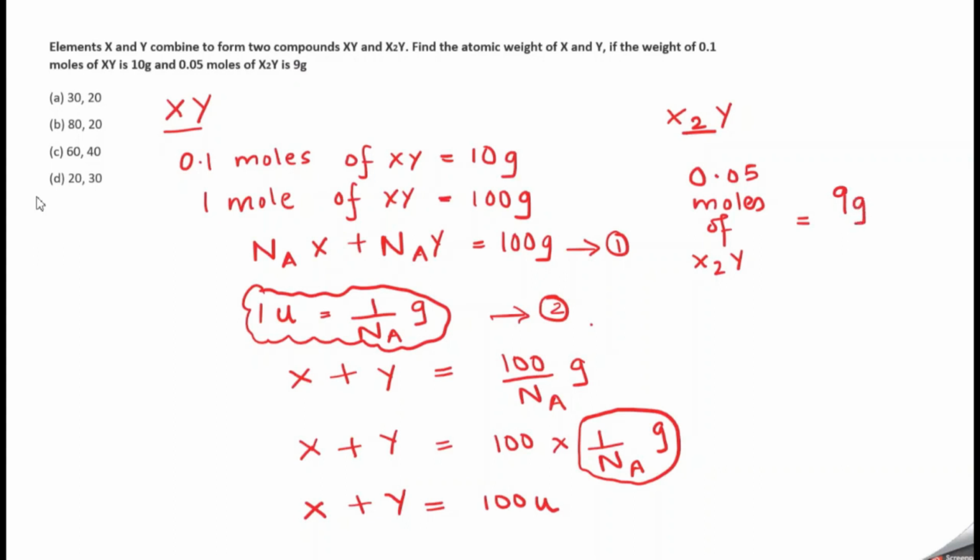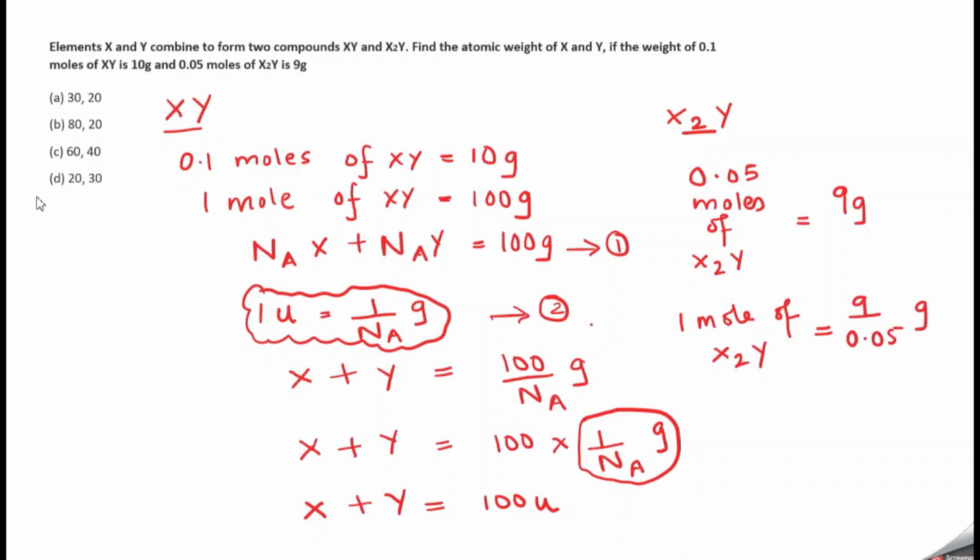Now similarly, I am converting this to 1 mole, so we need to divide by 0.05 on both sides. So this will become 1 mole of X2Y is equal to 9 divided by 0.05 gram.